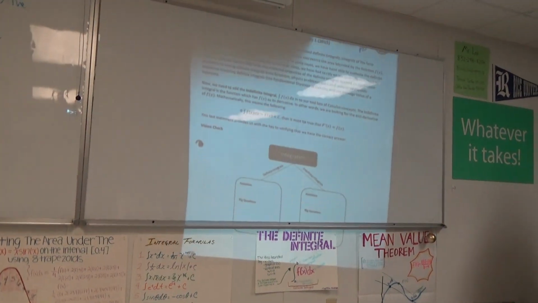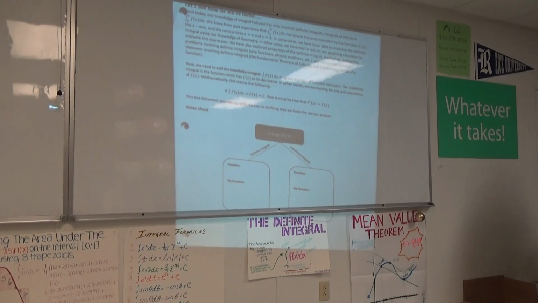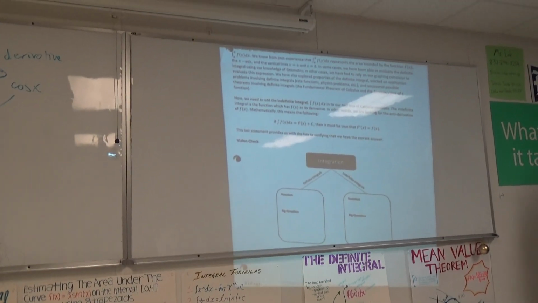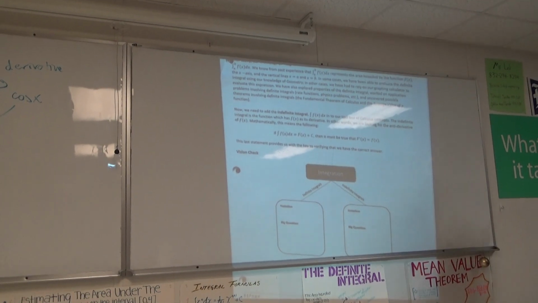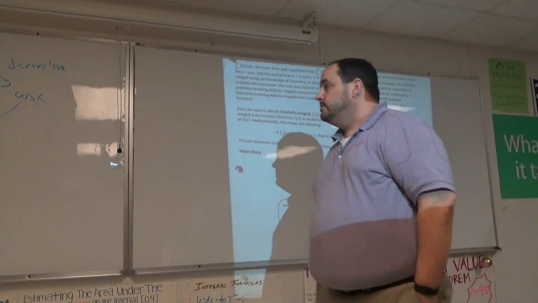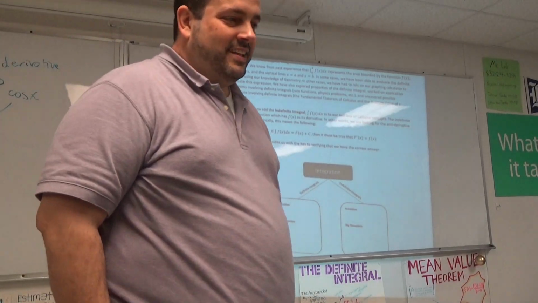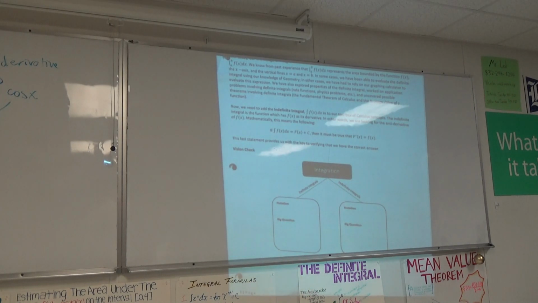Adriana, do you mind reading the first word there is until? Until today, our knowledge of integral calculus has only involved definite integrals. Integrals of the form the integral from a to b of f of x dx, or f of x with respect to x.